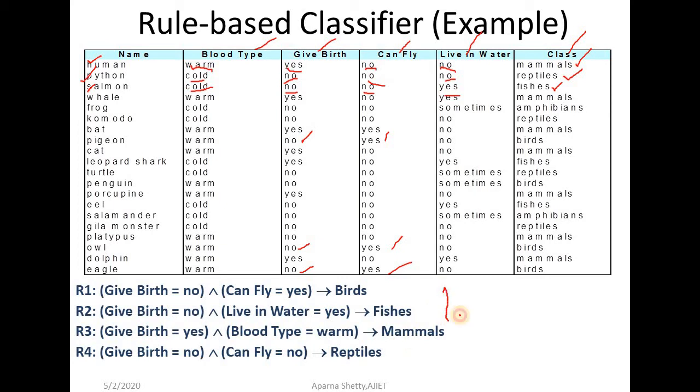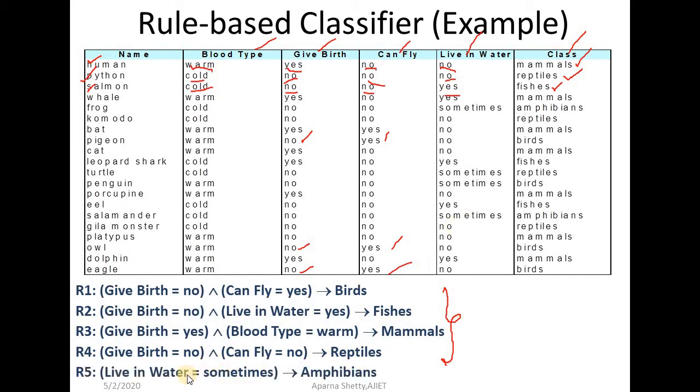These are the rules generated for this data set. These are examples of classification rules: a condition implies a class. Each conjunct is an attribute-value pair, and the condition is a conjunction of these pairs.